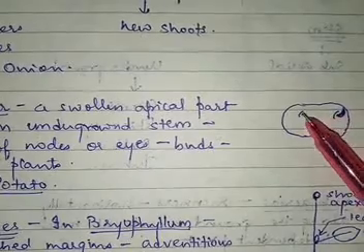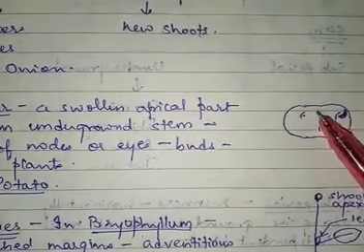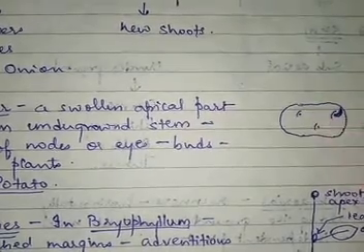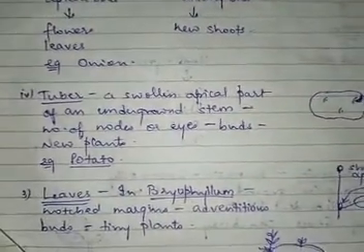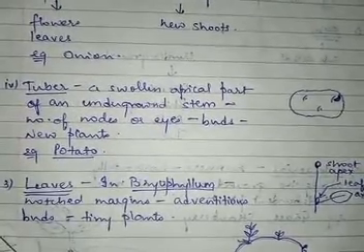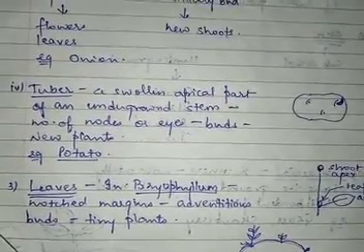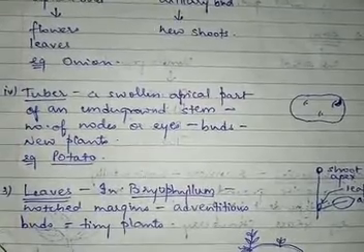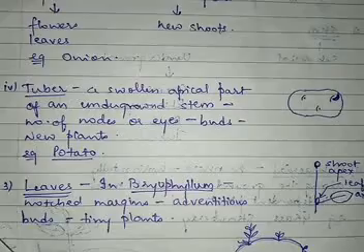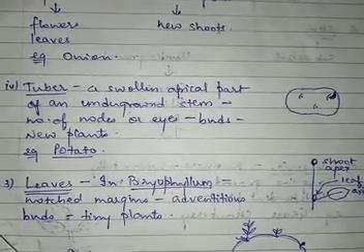Now here we are having three different eyes present over here. So you can cut the potato into three pieces and plant it into the soil to get three new plants from it. Okay, so that is about the tuber. Example is potato. With the help of tuber, the vegetative reproduction takes place, right?